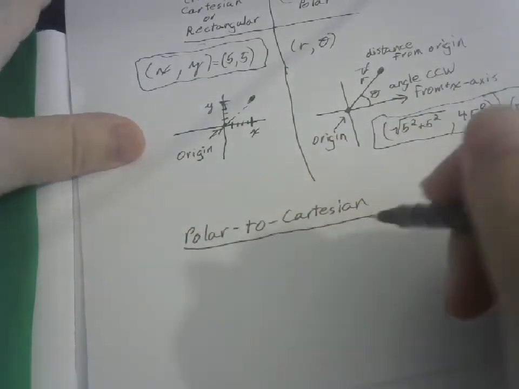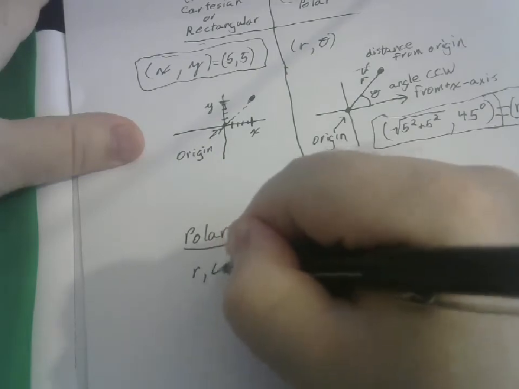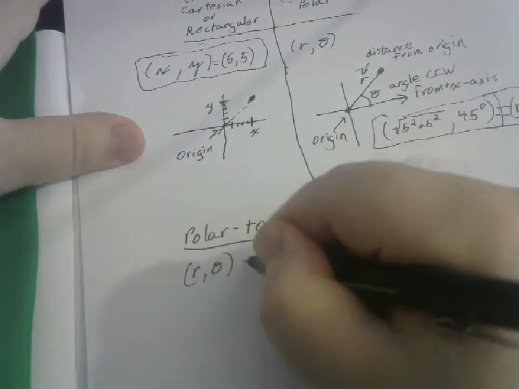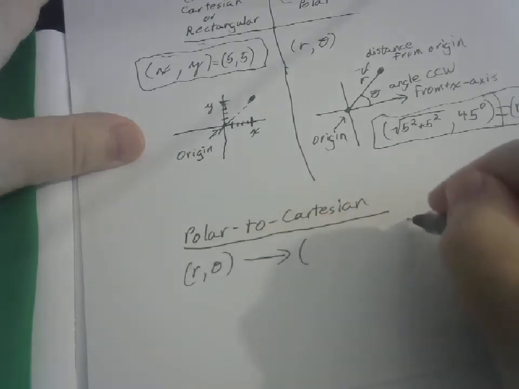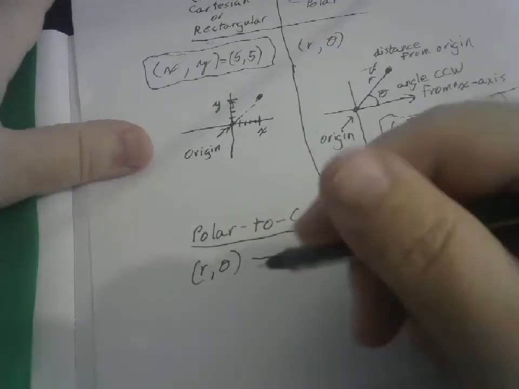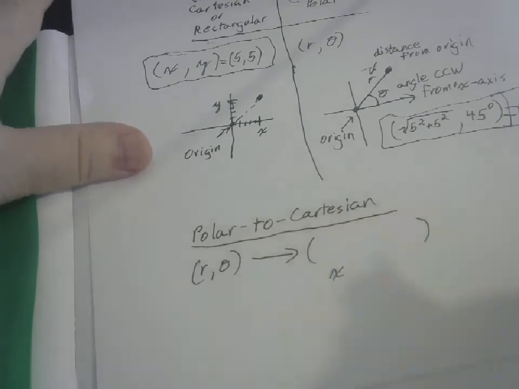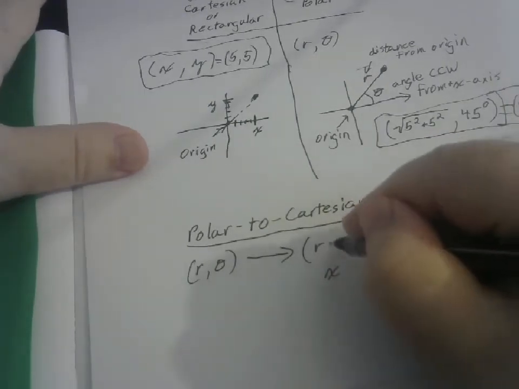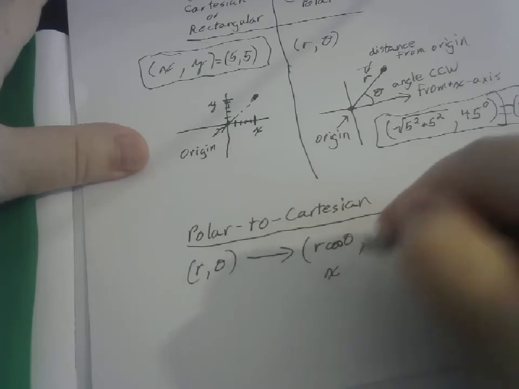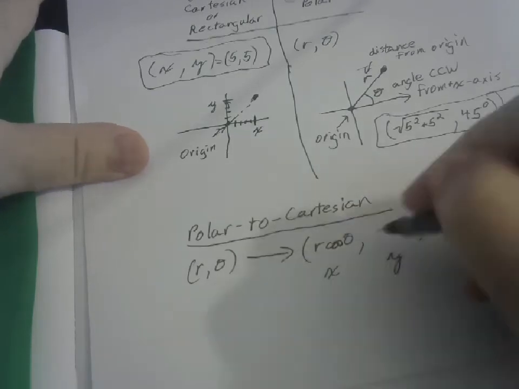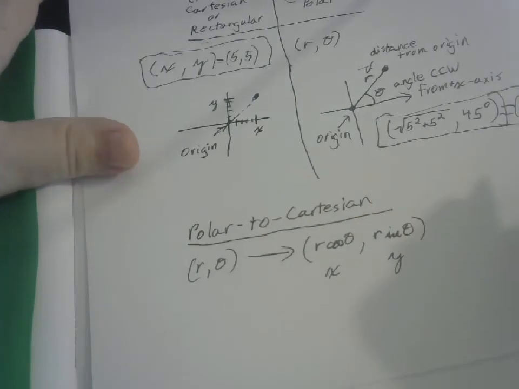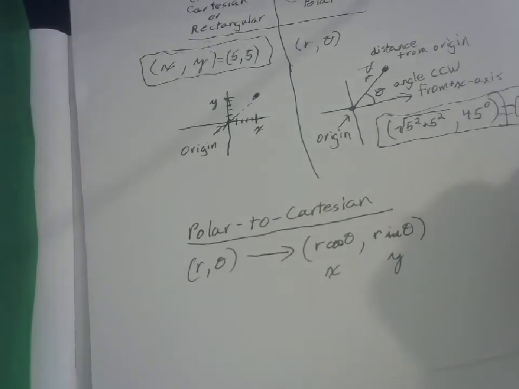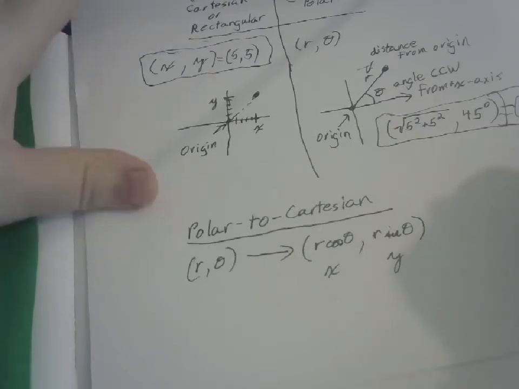Polar to Cartesian, you're given r comma theta, and you want x comma y. So x is going to be r cosine theta, and y is going to be r sine theta. And it's as simple as that. That is how to get from polar to Cartesian.